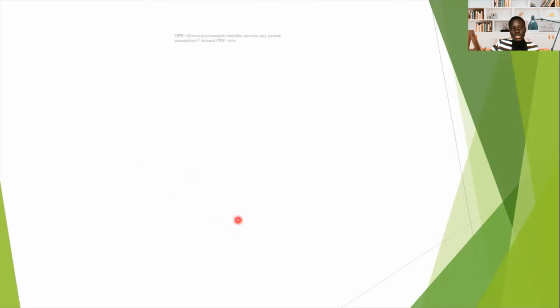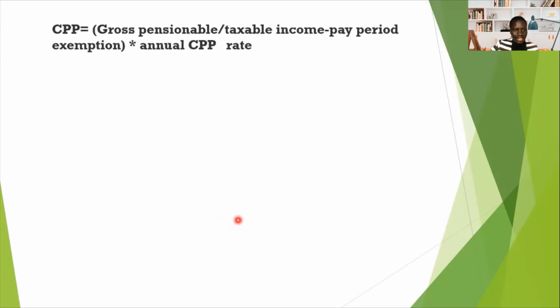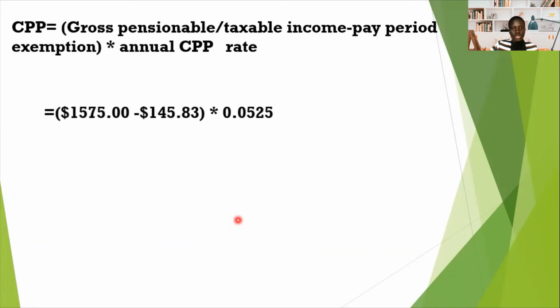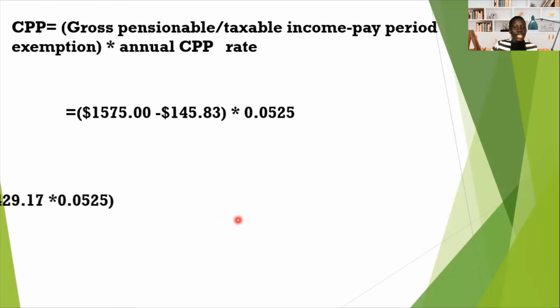Now let's see the calculation of the CPP. The CPP is equal to the gross pensionable or taxable income minus the pay period exemption, times the CPP rate. Very simple.